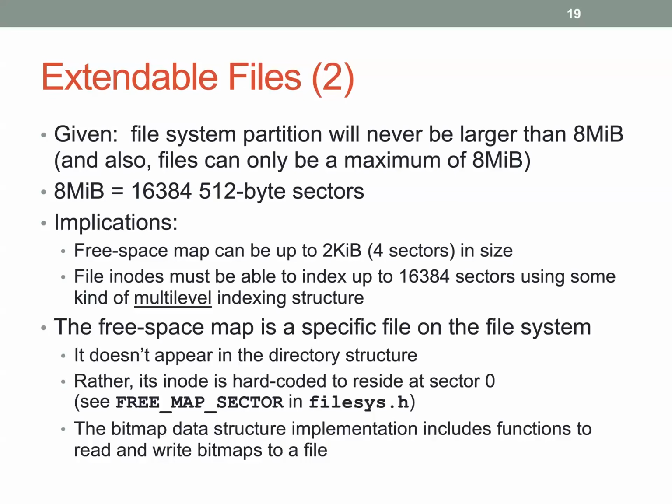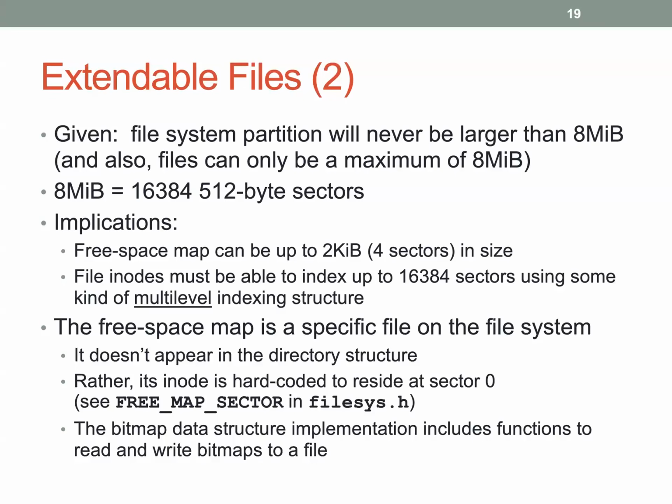Now, the free space map is a specific case, so this is just some useful information. And this is actually really helpful because you'll notice that its inode is hard-coded by the OS. The inode always resides at sector 0. So Pintos has a simple mechanism. The free space map is a file whose inode is at sector 0.